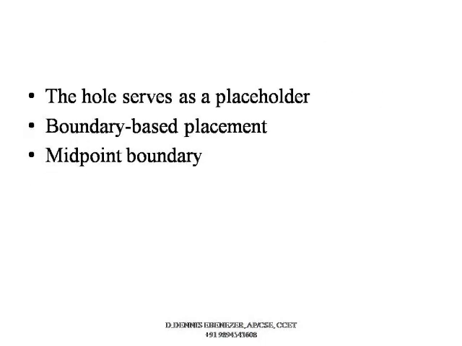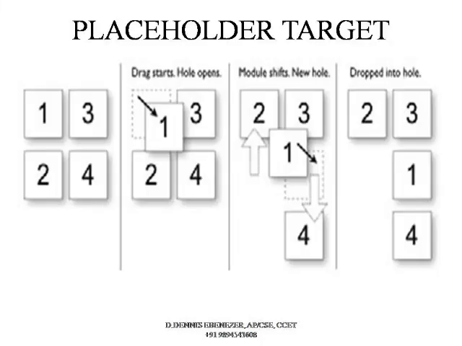In the first, the placeholder target method, the hole serves as the placeholder for the object that is to be dropped. A boundary will be seen when an object is being dragged from its place, and in the place of the placeholder, a new boundary where the object can be fitted will be seen, as seen in the figure.